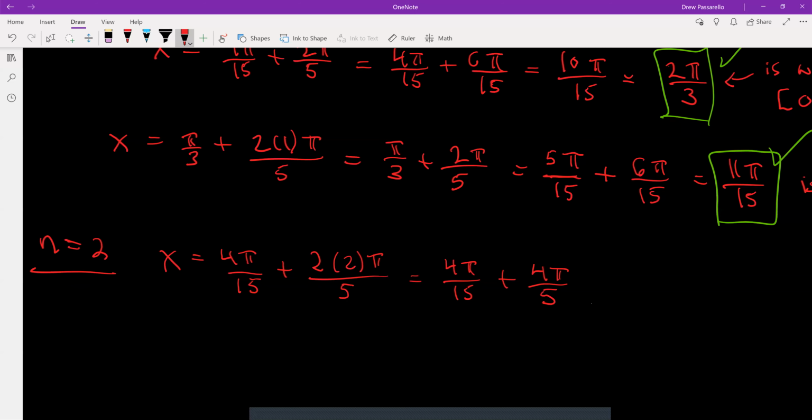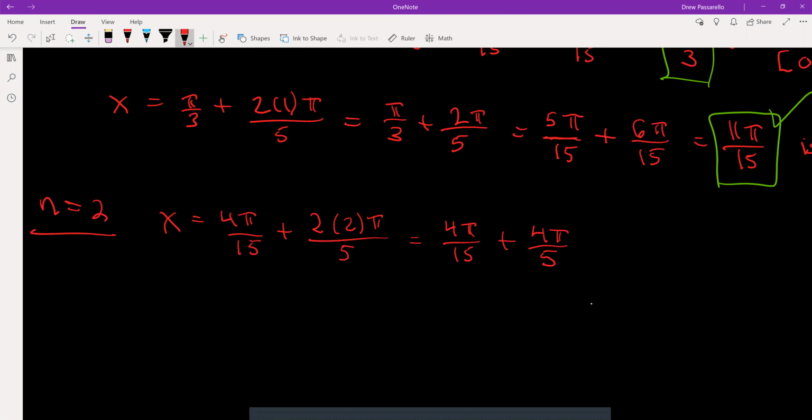I need the same denominator, so common denominator is 15. So that changes this one. I multiply 4 pi over 5 top and bottom by 3. So that makes 4 times 3 is 12. So that's 12 pi over 15. And then I add 4 plus 12.